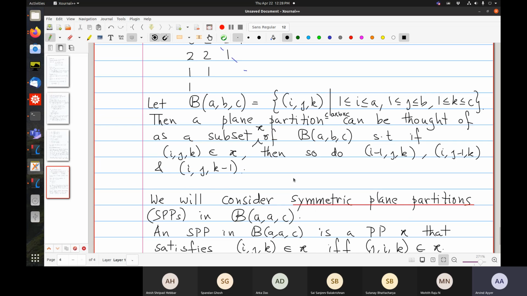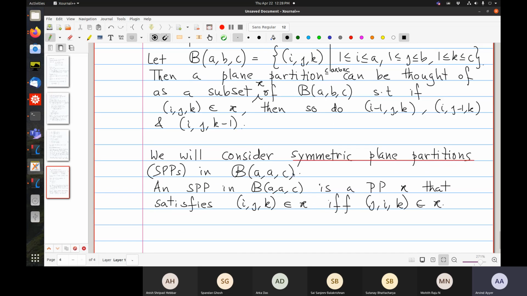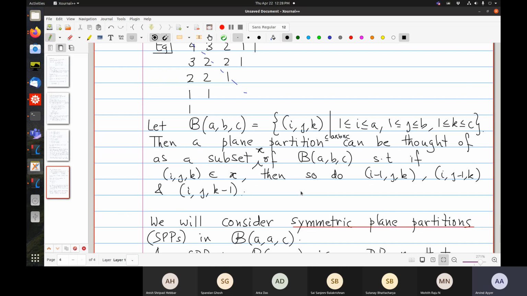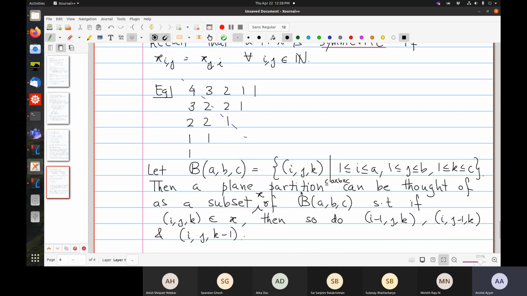Right? Okay. So now you want to consider generating functions of symmetric plane partitions.